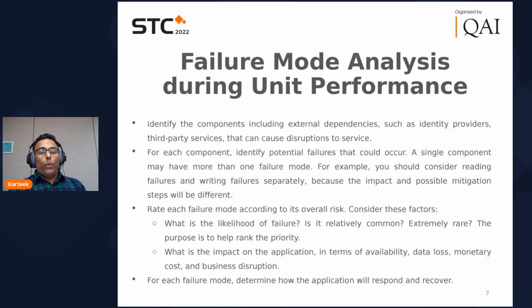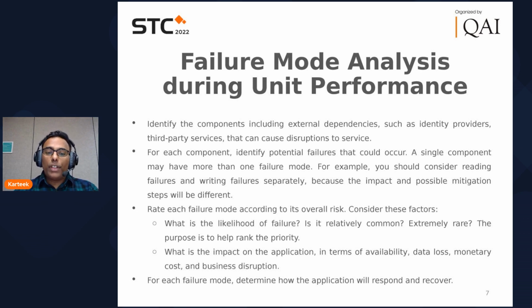Second, once we have defined our reliability targets or goals, let's move on to the next action that we had taken, which is defining the failure modes at each unit, by performing a failure mode analysis during unit performance. For our entire application architecture, we identify certain components and their dependencies that can cause disruptions to service.